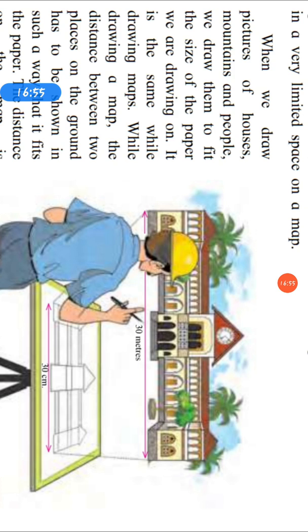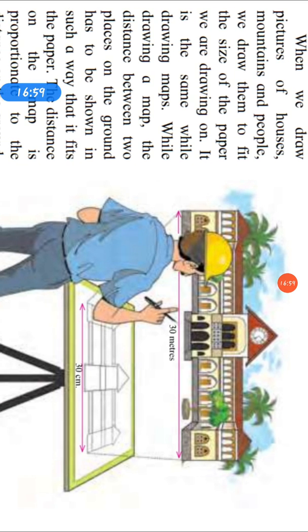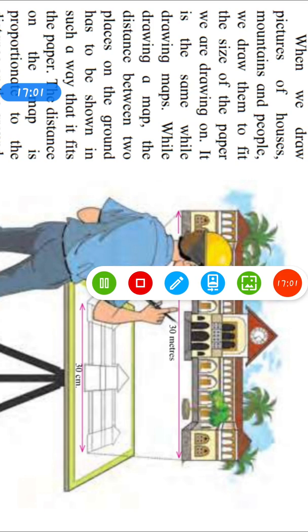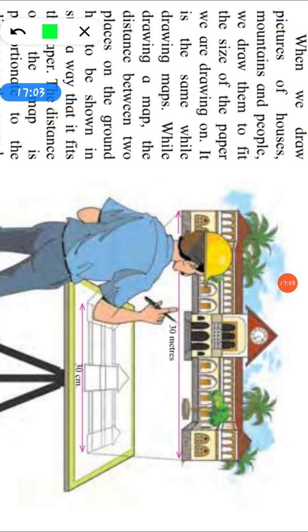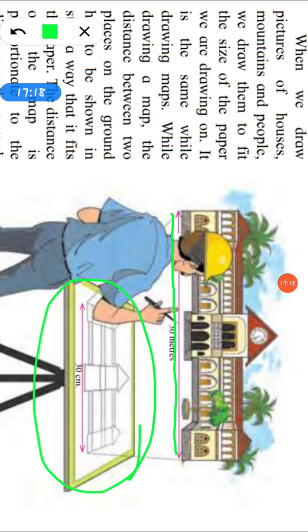Or we can say, see, here there is a picture of a building. See, there is a picture of a school, or you can say a building. The width of this building is 30 meters, but we cannot draw 30 meters on this size of paper.